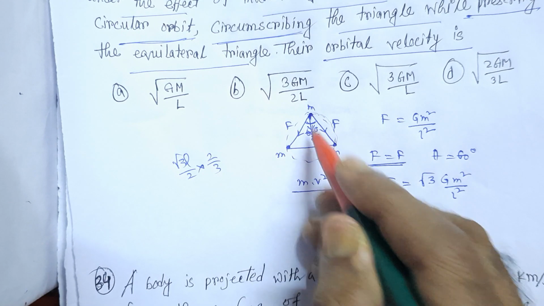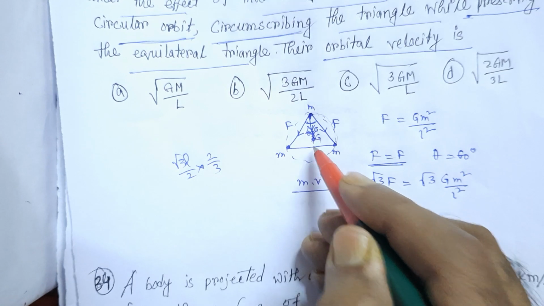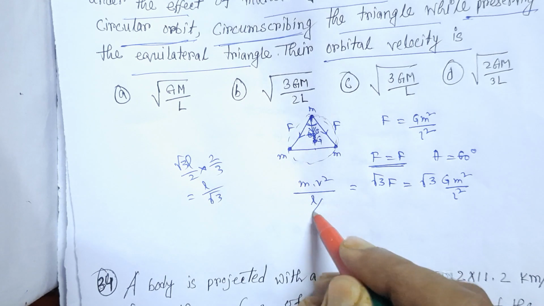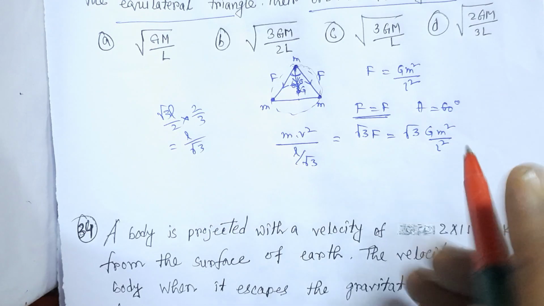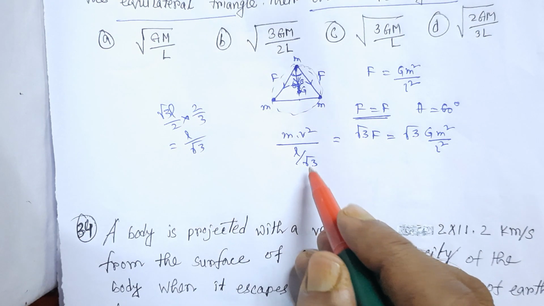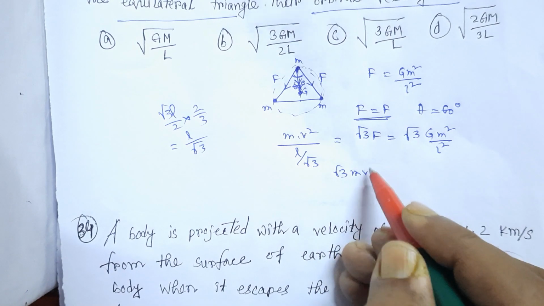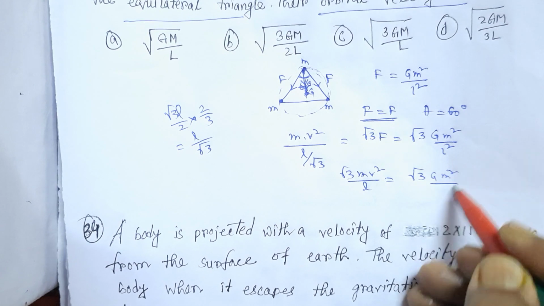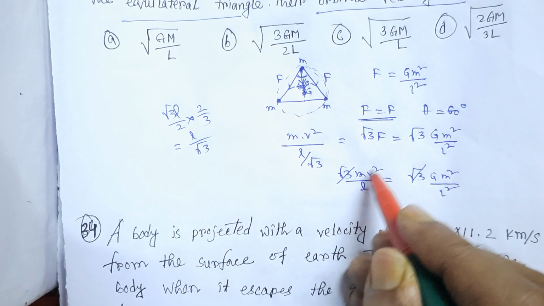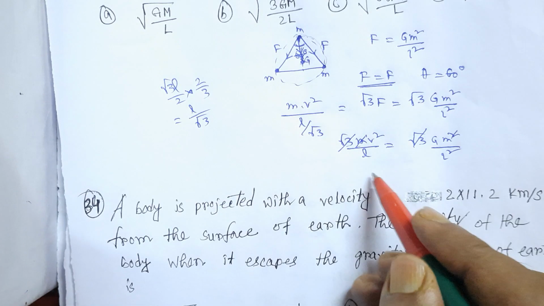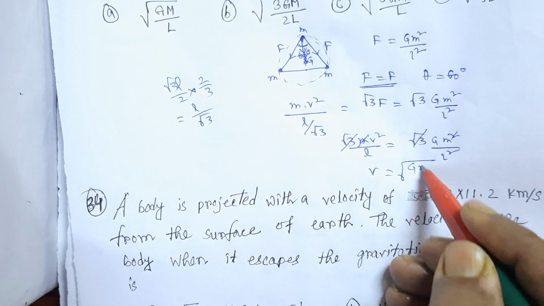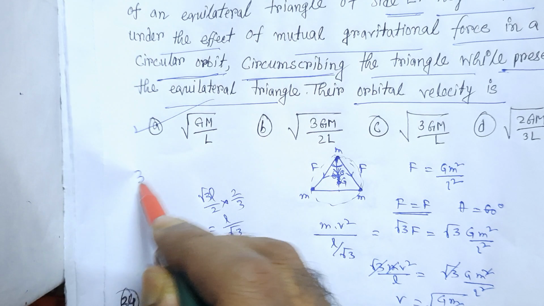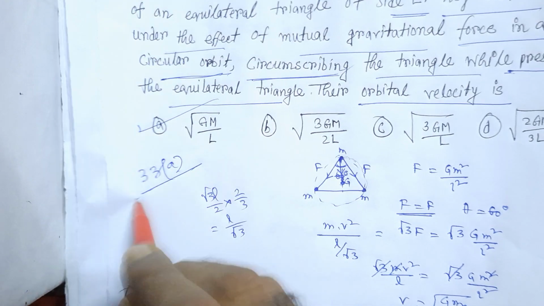The center of gravity is at a distance 2/3 of the height, that is L by root 3. So m v square by L by root 3 equals root 3 GM square by L square. Root 3 m v square by L equals root 3 GM square by L square. Root 3 being cancelled out, m being cancelled out, v equals root over GM by L. So question number 33 has correct option A.